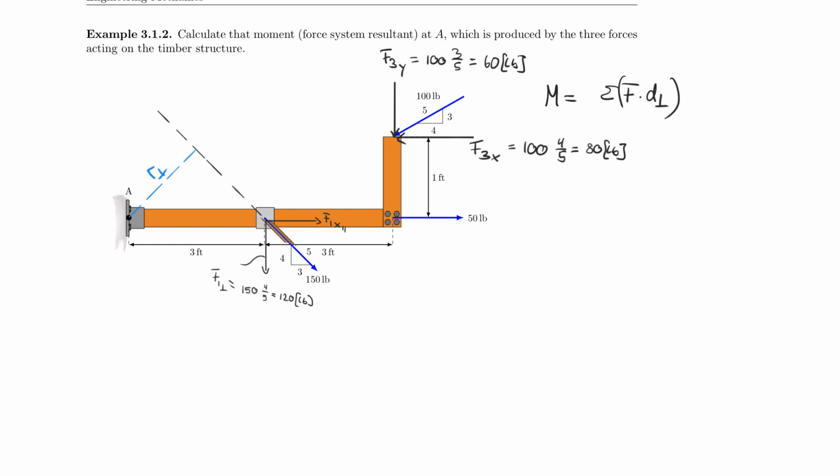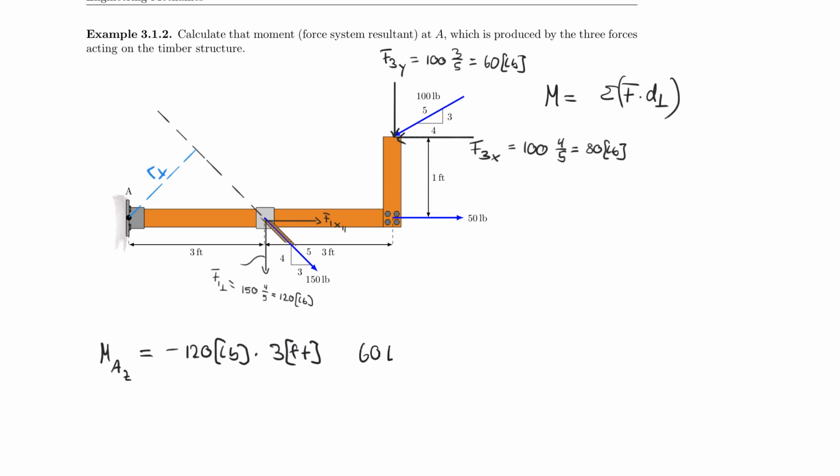So let's write down M of A about the z-axis, of course, is equal to F1, which is 120 pounds, multiplied by 3 feet. That's that lever arm. And we said that's turning clockwise, therefore it's negative. Now I need to worry about the 60 pounds.